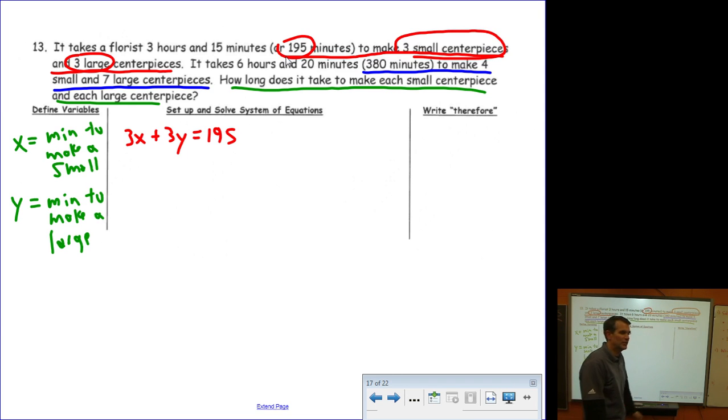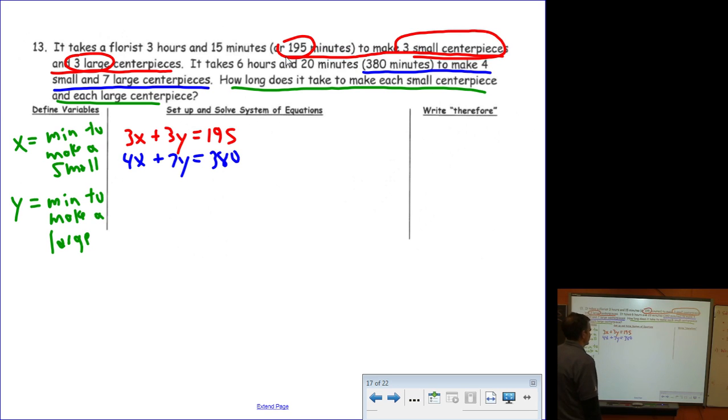And you've got a similar equation with the blue. 4 smalls and 7 larges takes 380 minutes. And so now you've got a system of equations. You can go ahead and solve it.